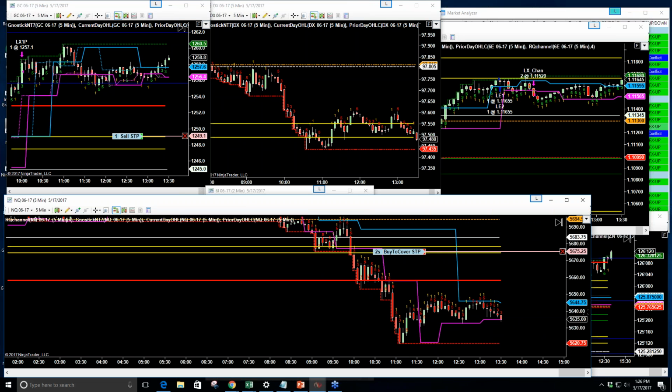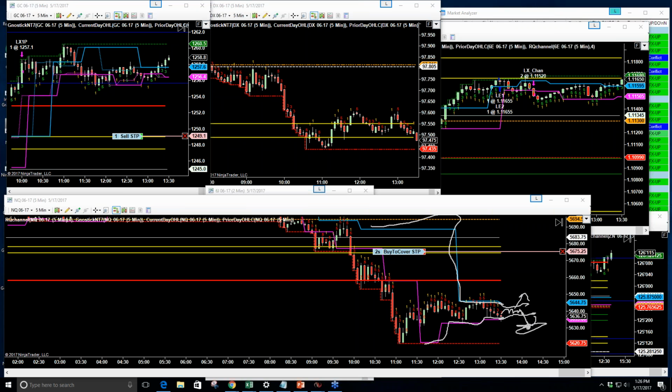Or if it dies out, it narrows. And you can see here, if it just starts to consolidate, this will continue to narrow. And then it'll take you out. Oops, not there. Takes you out up here.